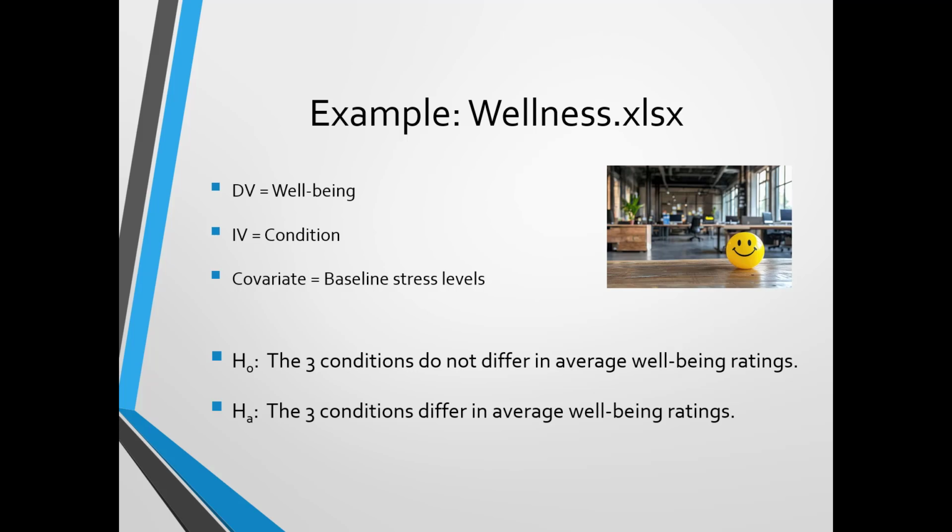So there was at least one mean difference found in well-being. These would be true after controlling for the baseline stress level. So we are controlling for a continuous covariate on top of an ANOVA situation, which you're now very familiar with.